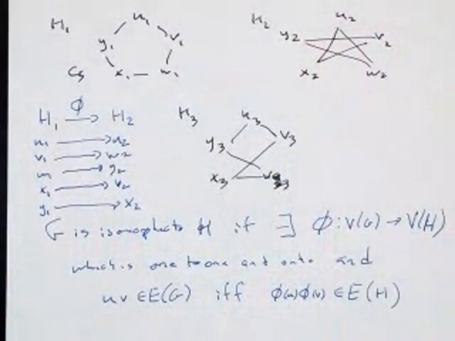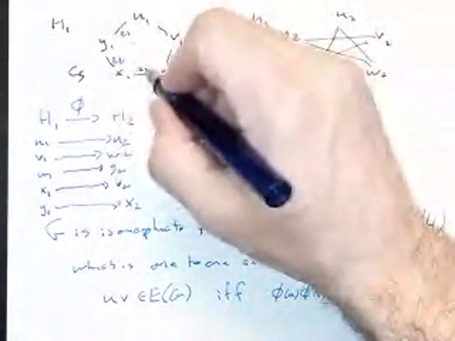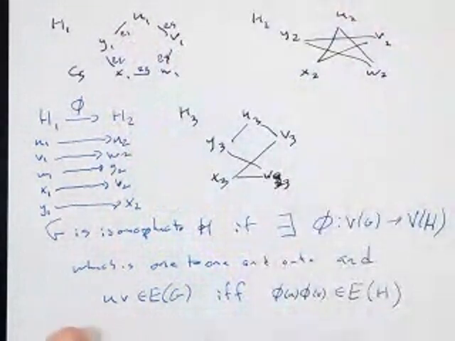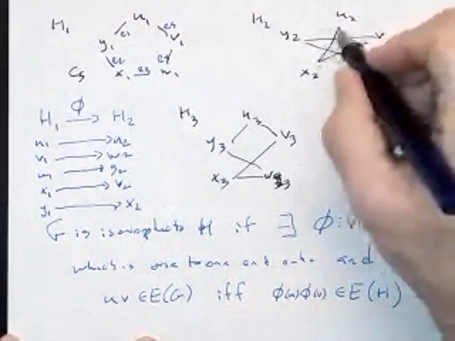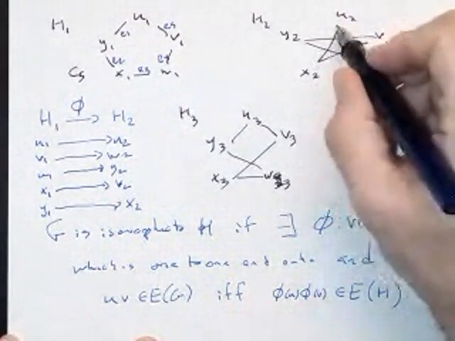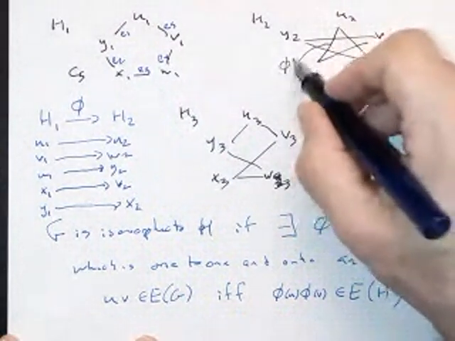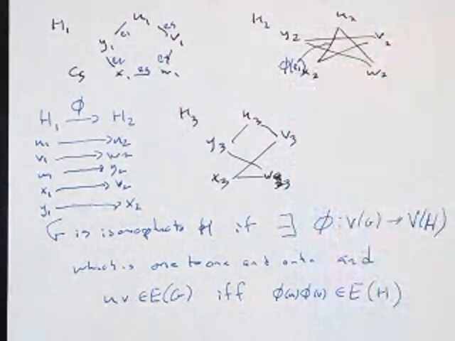In fact, if I number the edges, edge 2, edge 3, edge 4, and edge 5, then look at their images over on the side. I could say this edge from U to X2 is the image of that edge. All the images of my edges come out exactly the same.